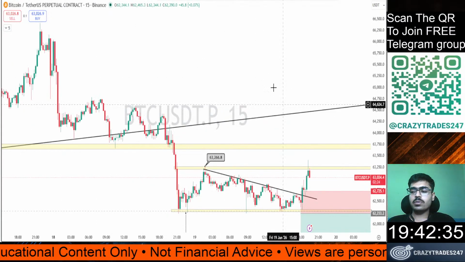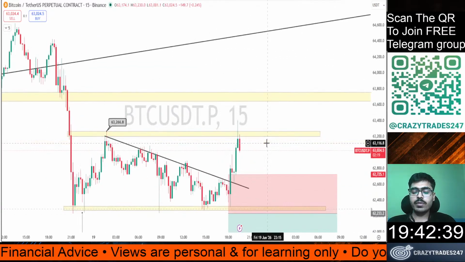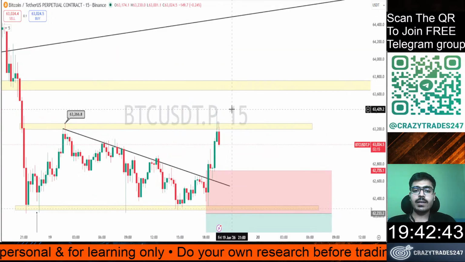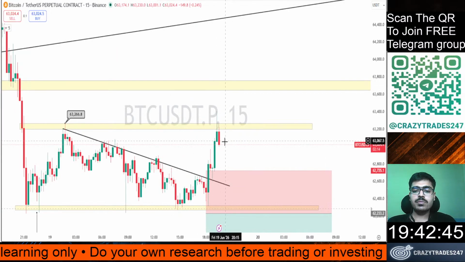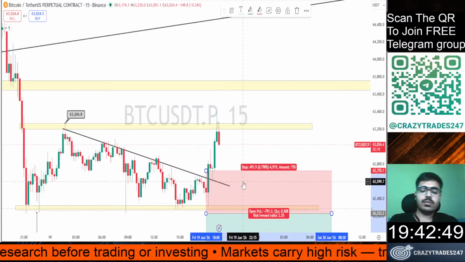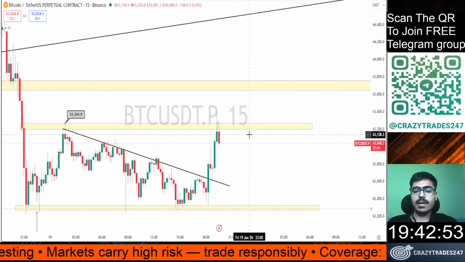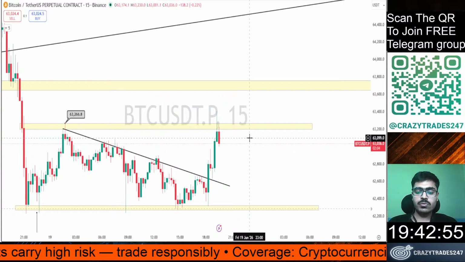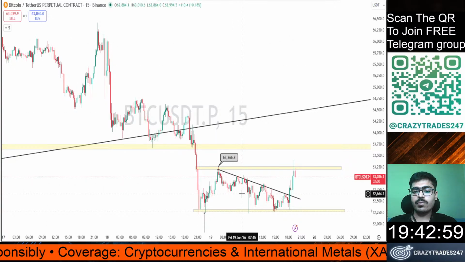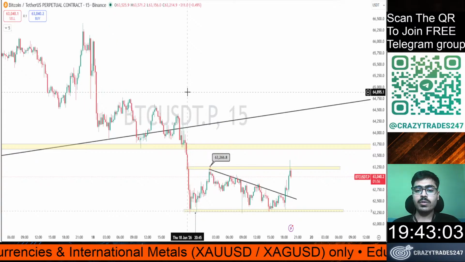Look at the breakout that Bitcoin gave. It couldn't sustain above it, and it has broken the low of that candle. Now it's declining again. So if it forms some kind of consolidation here, and if we find some shorting opportunities at these levels, then this would be the right place to take a short entry, because the price is already in a downward trend.